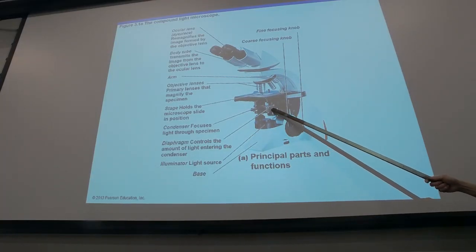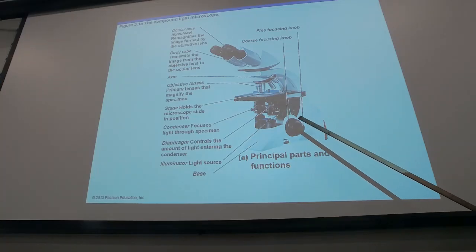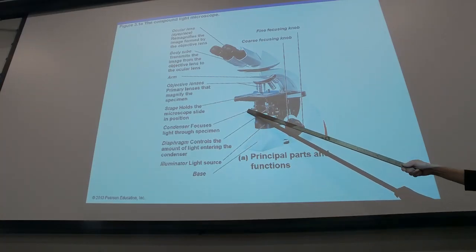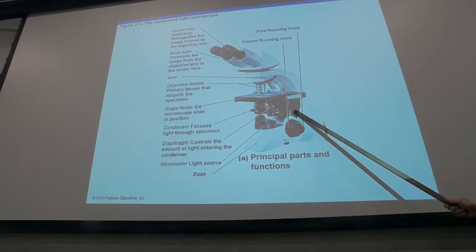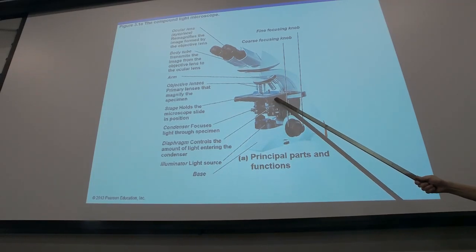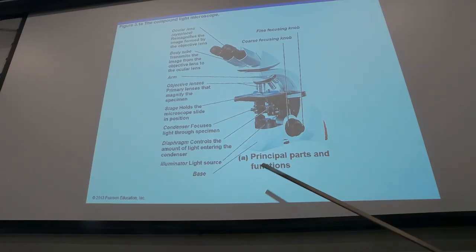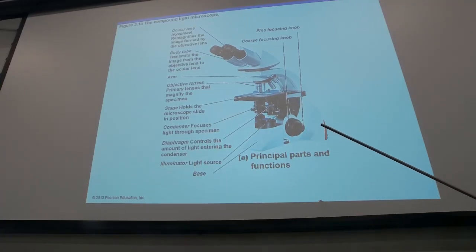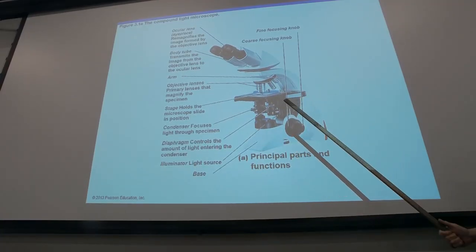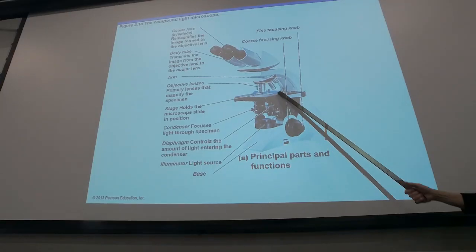So that's the diaphragm. And then we have these mechanical knobs that can move the stage front and back and side to side, so that whenever you're looking at a microscope object, you can scan it.